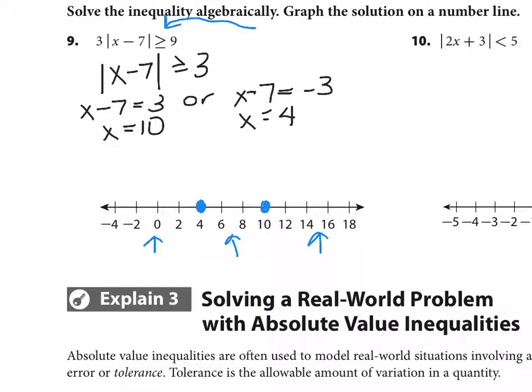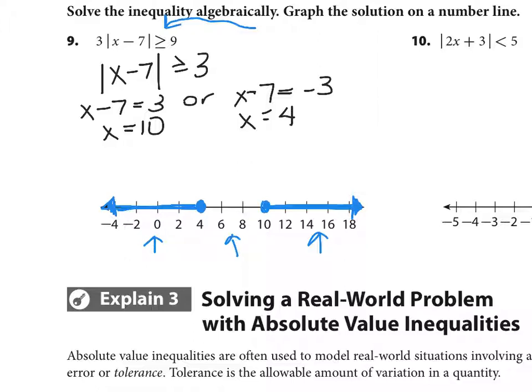Okay, I determined that 0 is a solution, so I'm going to shade to the left of x equals 4. All right, and I also determined that the numbers above 10 are solutions, so I'm going to shade the numbers above 10. So there's our solution graphed.